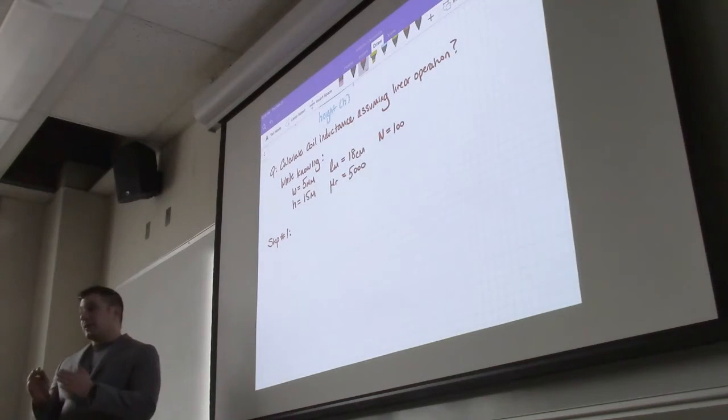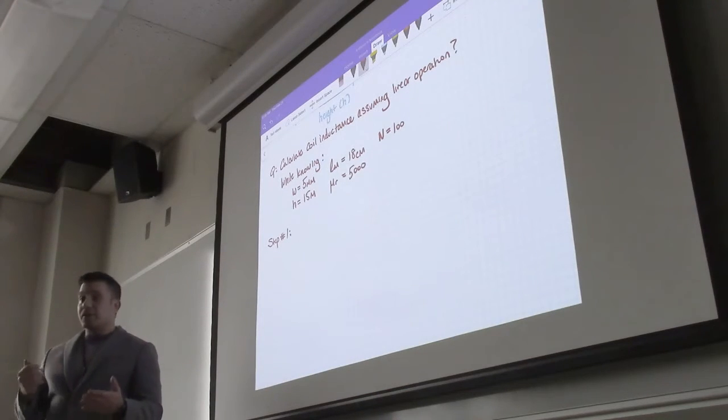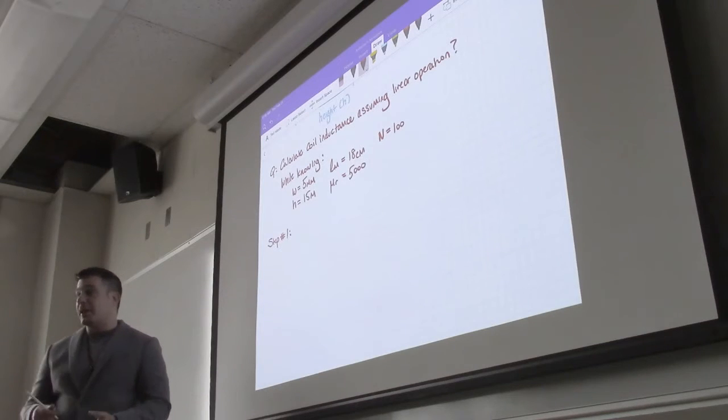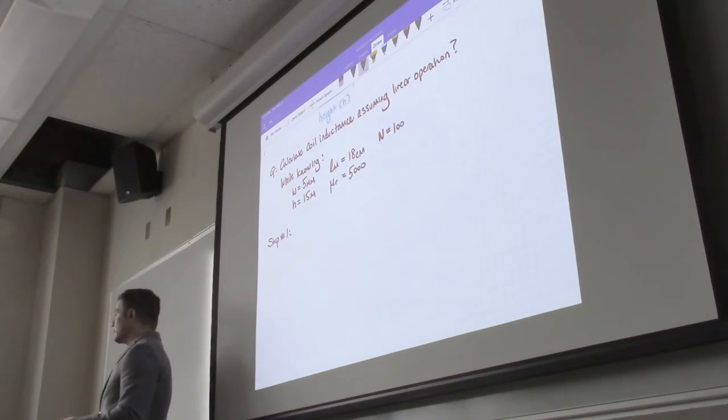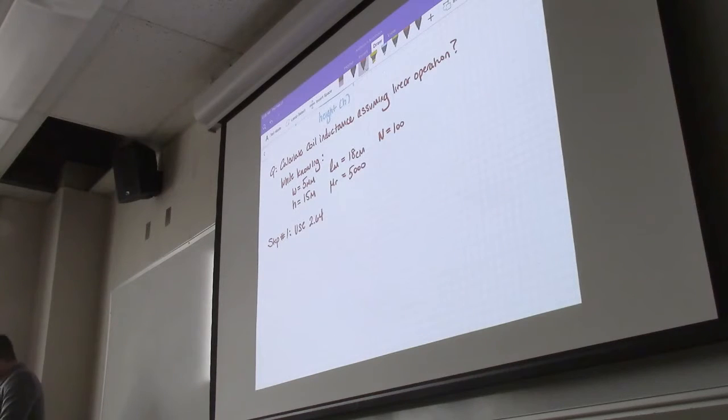You have a set of expressions, and you're given knowns, and you combine them together to get the unknowns. So we're going to use 264 to calculate our reluctance. What radius? Look at the book.